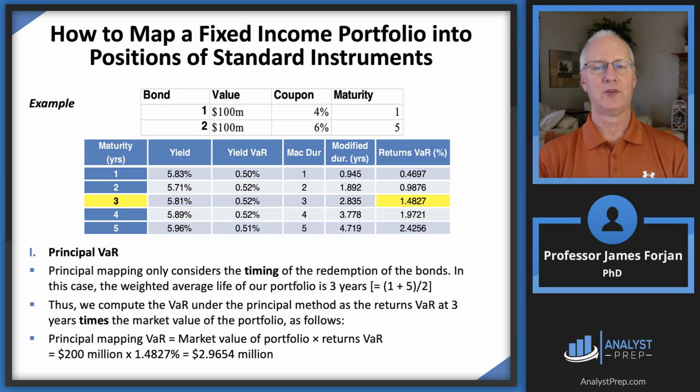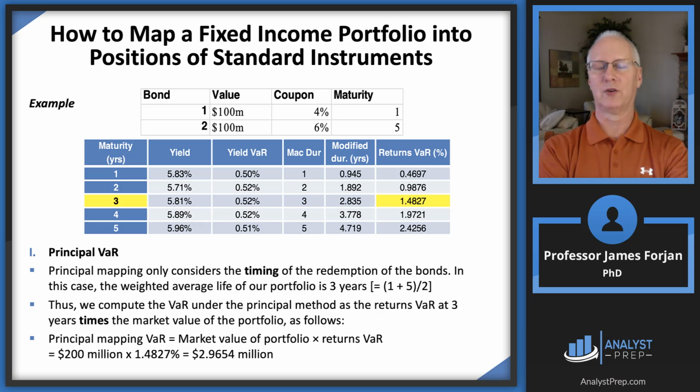All right, so remember I said there are 3 ways to do this mapping. So let's do the principal value at risk. So there's the table again. And notice that highlighted in yellow is the maturity period of 3 years, and then that risk factor over there at 3 years of 148.27. And the way we arrive at that is that since these bonds were selling at par value, right, 100 million and 100 million, we have an equal investment.